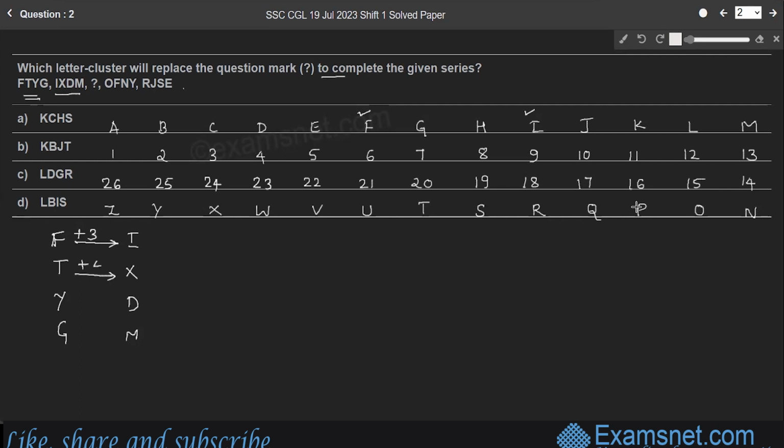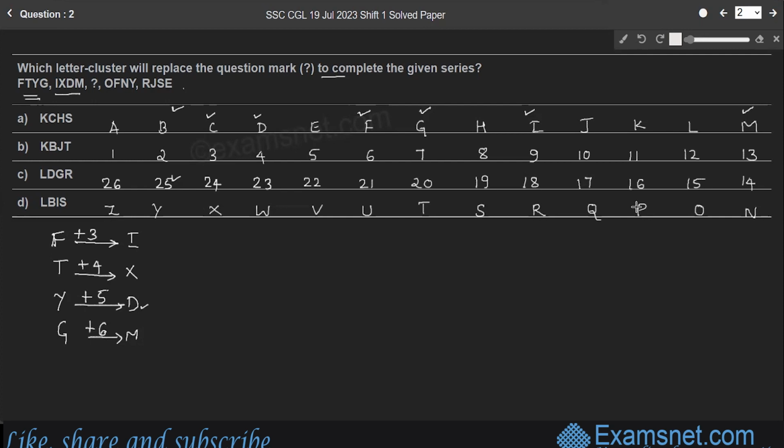So T plus 4 is X. Whereas Y is 25 and the third letter in the second cluster is D, right? So 25 plus 1 is Z, plus 2 is A, plus 3 is B, plus 4 is C, plus 5 is D, right? And G is 7, M is 13, right? So 7 plus 6 is M, right?